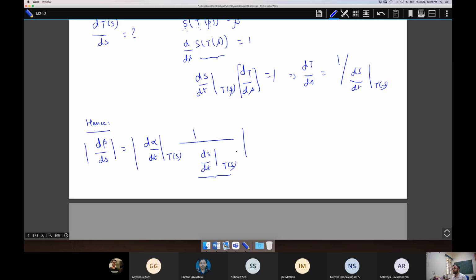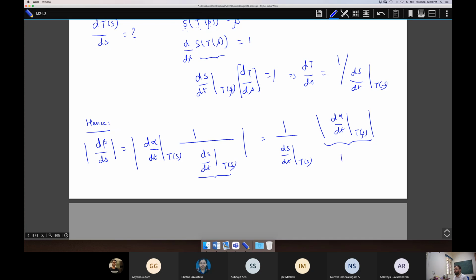Positive, because S is an increasing function of t. So this will be 1 by ds by dt evaluated at T of S. And then we will have the magnitude of d alpha by dt evaluated at T of S. What is the magnitude of this vector? This is the length of the tangent at the point capital T of S. How much is that?